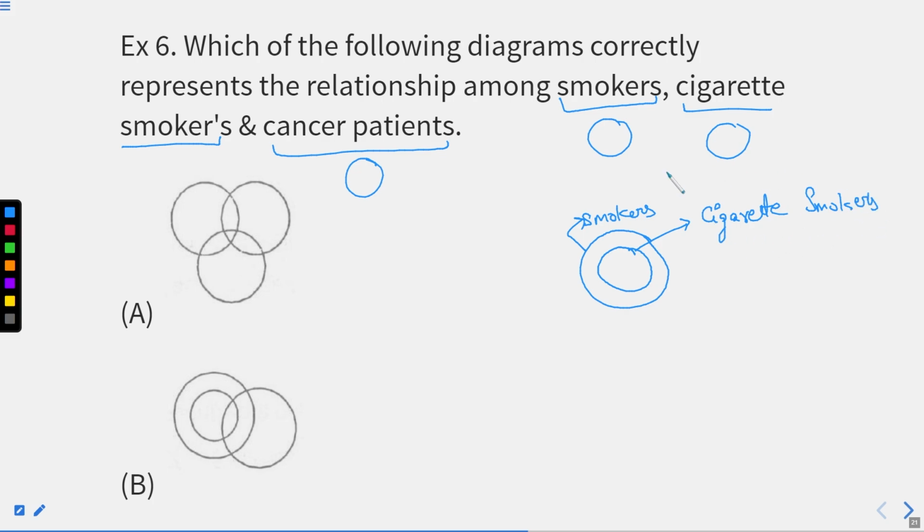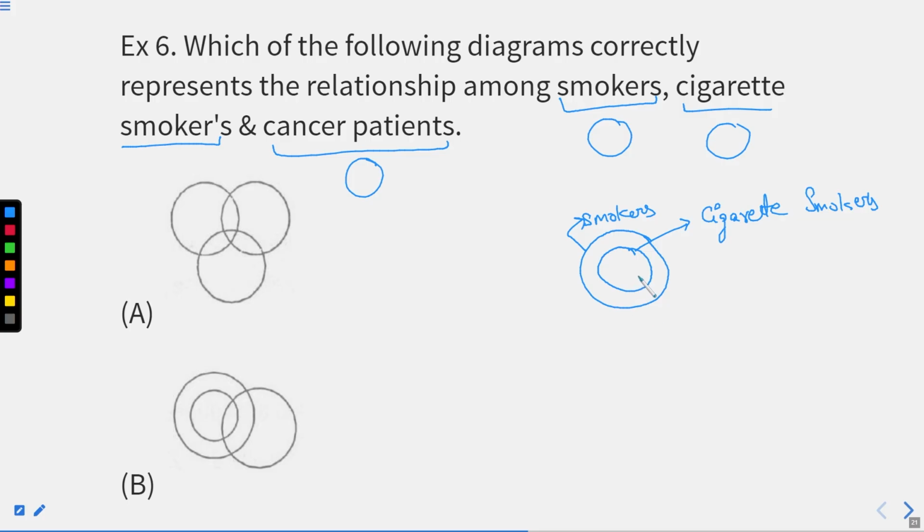Cigarette smokers are also called smokers, but among smokers there are many things to smoke. You all know that, right? In villages people used to smoke multiple things, right? But specifically cigarette smokers are also called smokers. That is why they are inside this circle. Now the cancer patient: we know that smoking is one of the reasons for cancer.